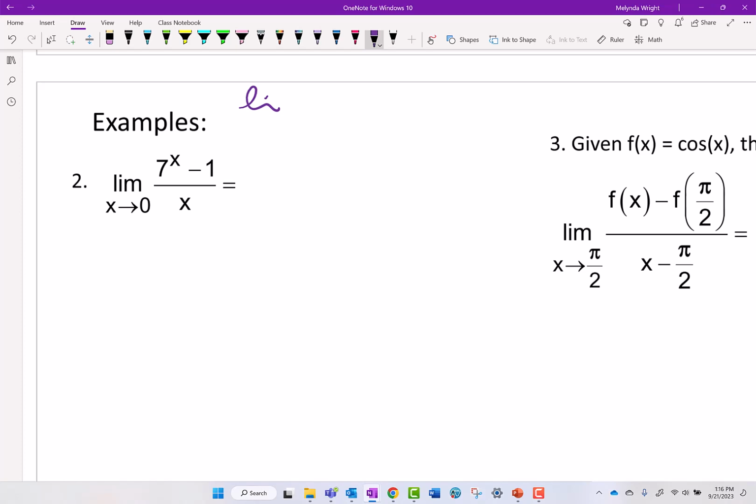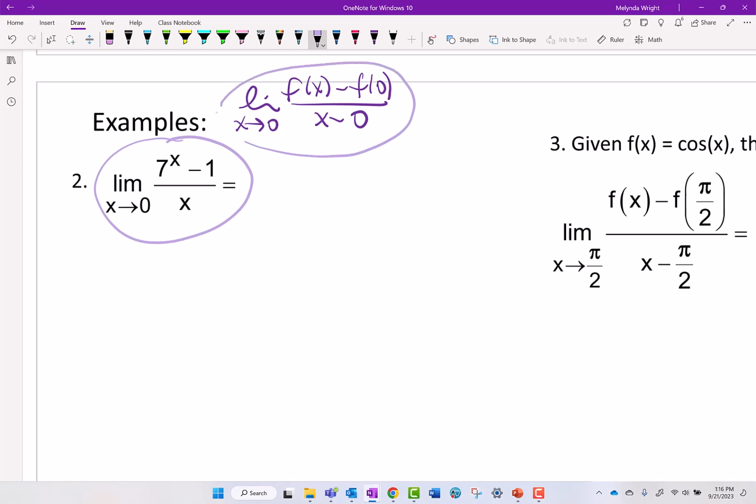So I'm just going to write down the limit as x goes to 0 of f of x minus f of 0 over x minus 0. Okay, so these two things are the same. This is how you would normally see it. That's how we are accustomed to remembering it, but it's the exact same thing.